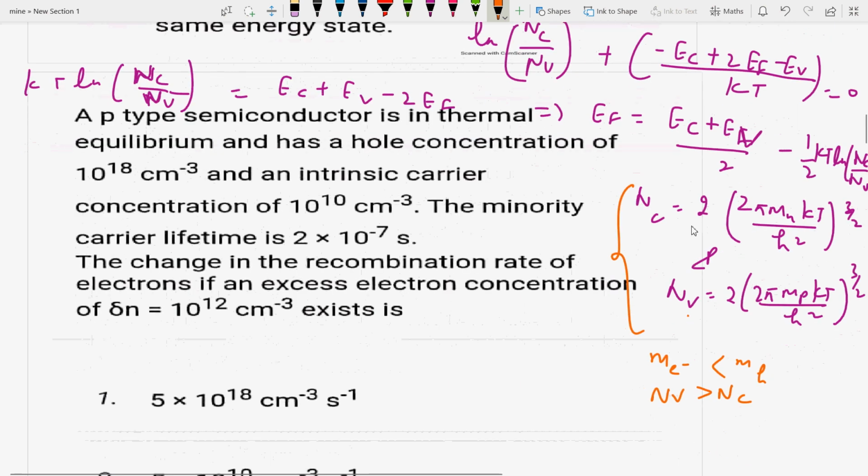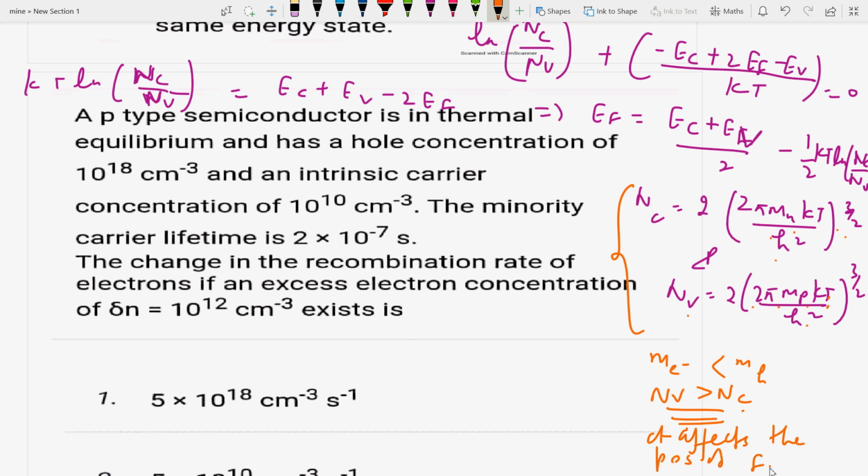If you can see here the two formulas, NC is equal to 2 into (2 pi m_n kT by h square) to the power 3 by 2, and this is 2 into (2 pi m_p kT by h square) to the power 3 by 2. So because the effective mass of electrons is less than that of the hole, NV will always be greater than NC. So it affects the position of the Fermi level.